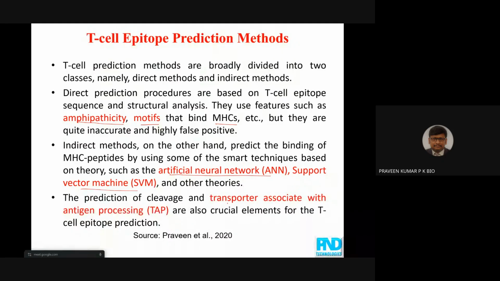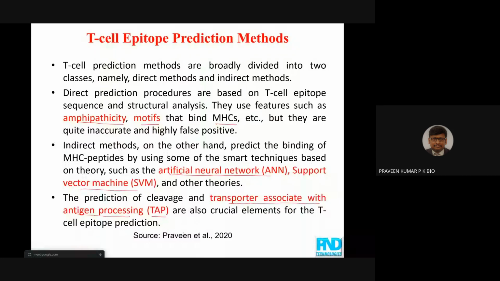And of course, the prediction of cleavage and transport associated with antigen processing. You remember, the peptides are processed inside the cell, and finally the MHC molecules are presented on the surface of the APC. During that processing, you can find the TAP protein, transporter associated with antigen processing.